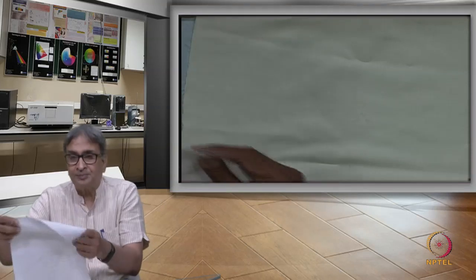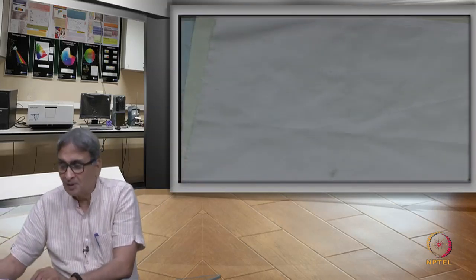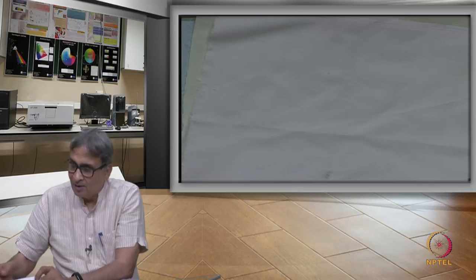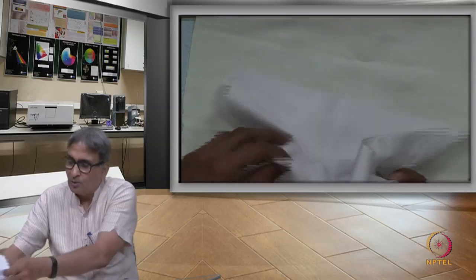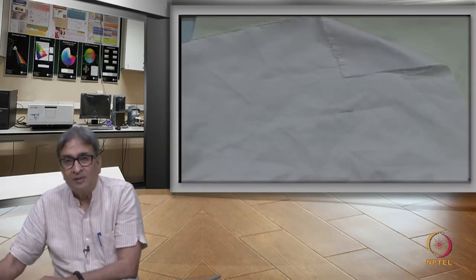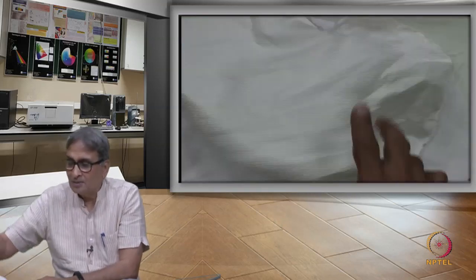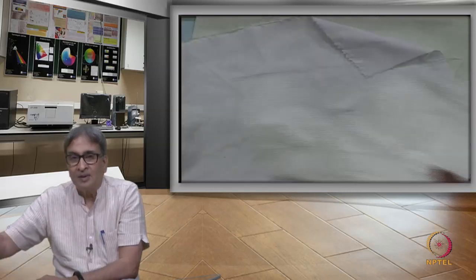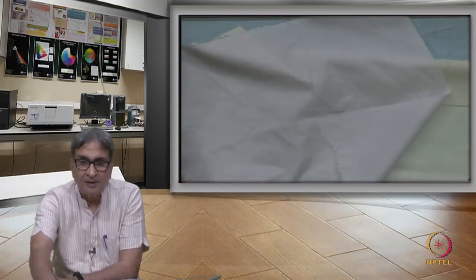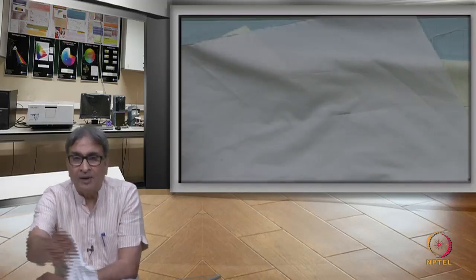Let us look at another fabric. This is polyester, which is polyethylene terephthalate, and if we try to do the same operation here, there are some creases you can see, but look at this. That means some fabrics, because of the chemistry being different, this is wool, this is polyester, and let us see another fabric, a nylon fabric.